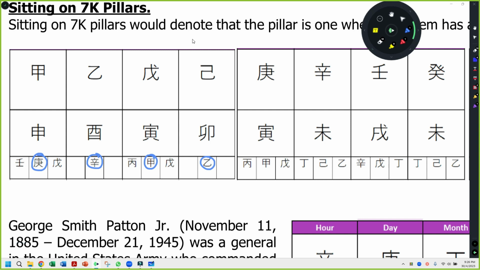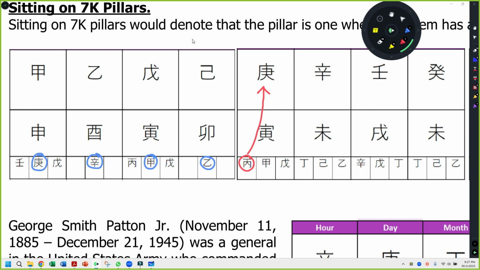And then of course, for the Geng, it will be on the Shen. Then I have to highlight this.